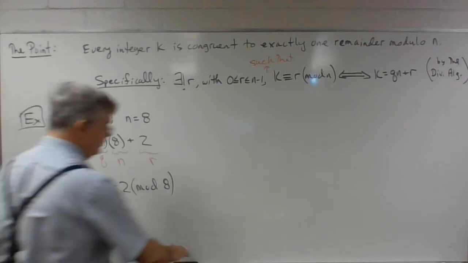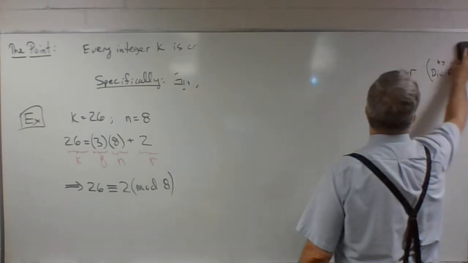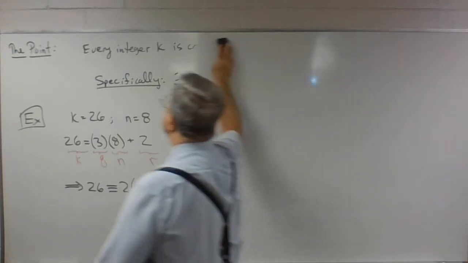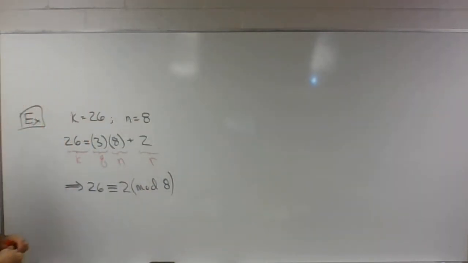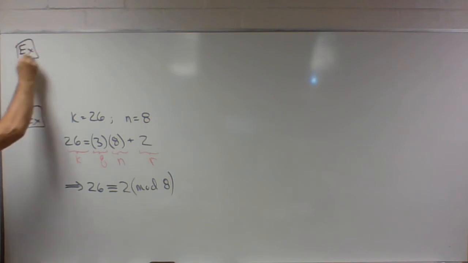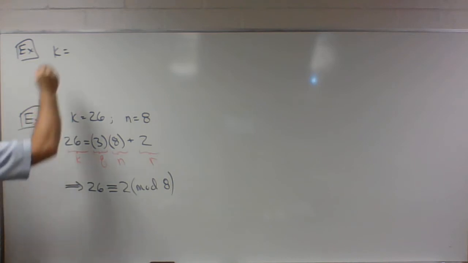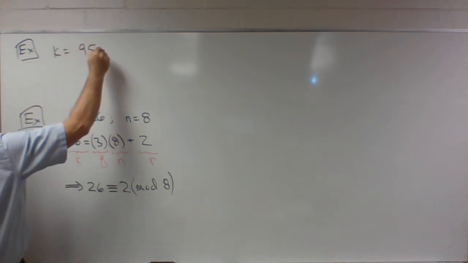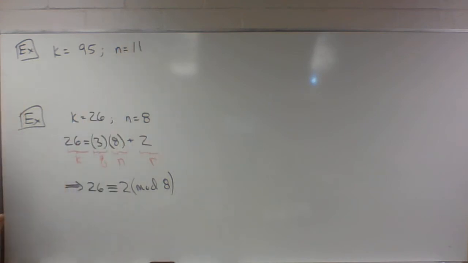Let's look at some more examples. k equals 95, n equals 11.